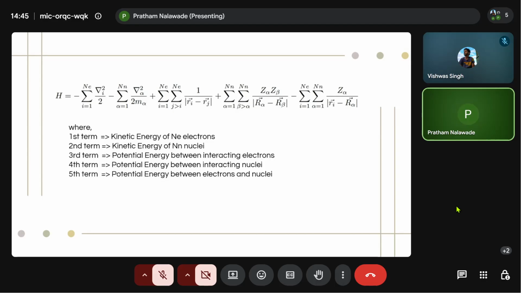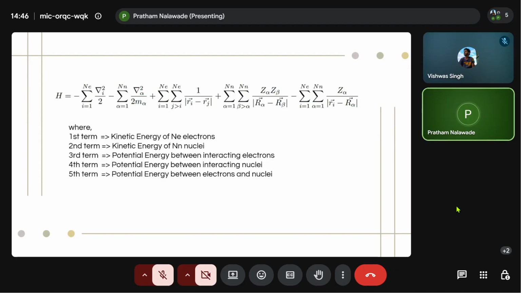So the first term which we will drop is the kinetic energy of the nuclei, because both electron and nuclei, they both work on different time scales. So if I move the nuclei, the electron moves instantaneously. So for a given time frame, the electron will see the nucleus as stationary.